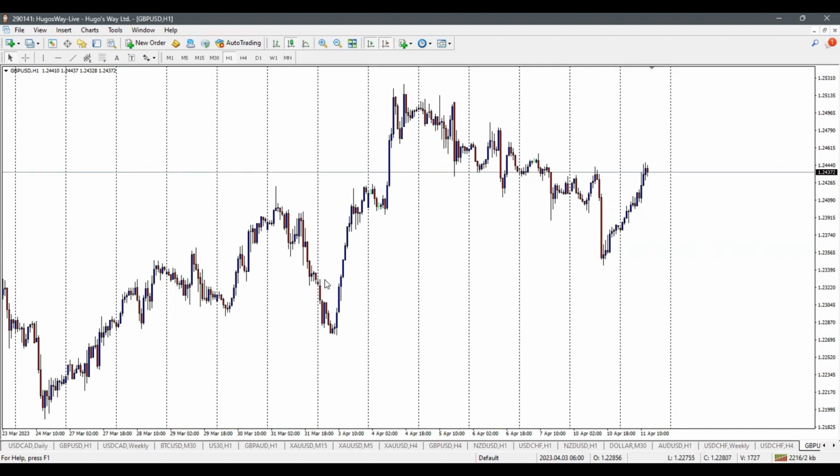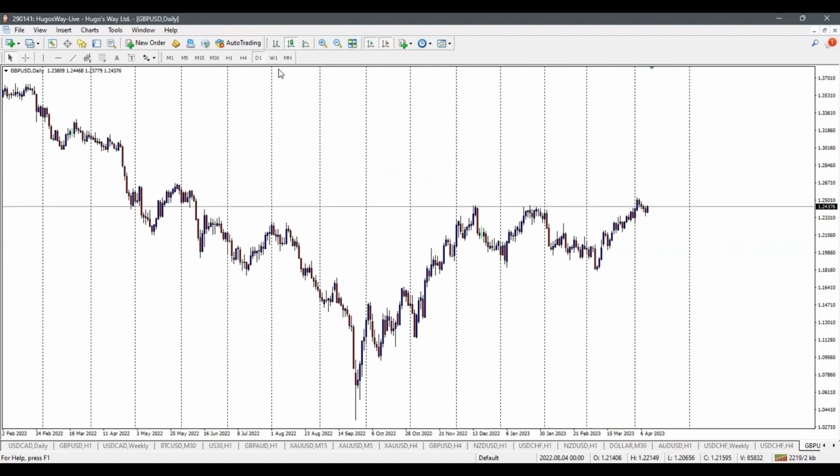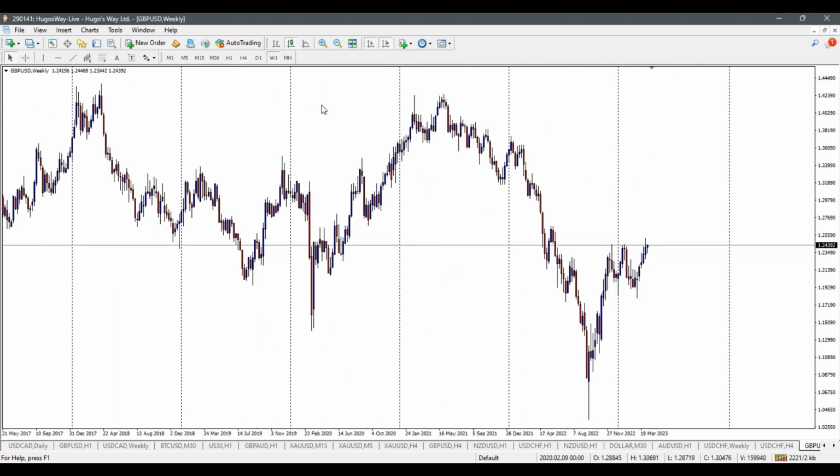I like to use pair correlation when I'm using my analysis to work out what trades I'm taking, and strength correlations, comparing different pairs between each other sometimes. Now, with pound USD, one of the reasons why I'm choosing this pair for this week is simply because of this area here, when the price gave us a short.